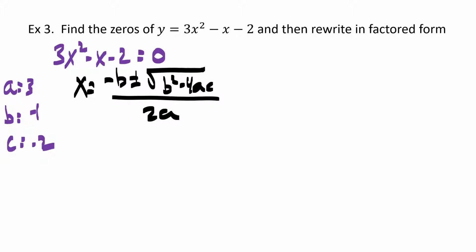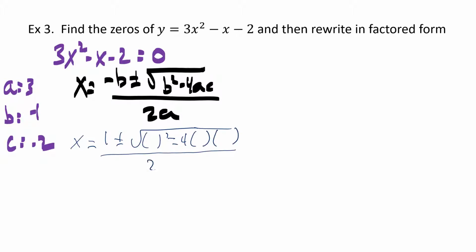And now we're going to use the quadratic formula to find the zeros. So x equals opposite b would be positive 1 plus or minus square root. Once again, I'm going to substitute in parentheses for all the other variables, or I'm going to substitute in 4 values.